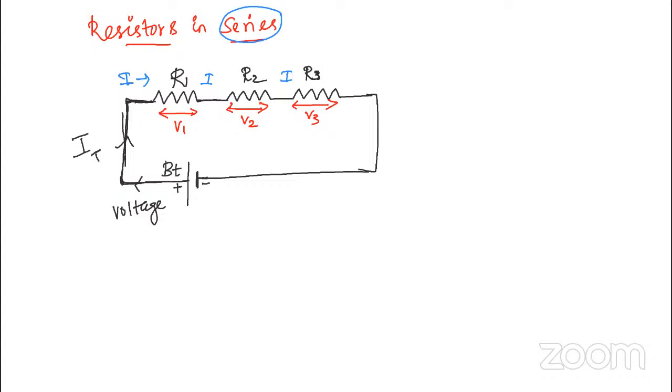Okay, so here we have to note down the important thing. That is, the current value in a series circuit should be constant. Okay, so current value is constant throughout the circuit.